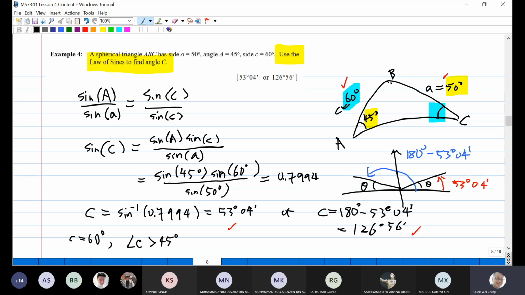If I draw a triangle this way, let's say C is here now. Then this angle 126 degrees 56 minutes is also correct. What you have here is 53 degrees 4 minutes.